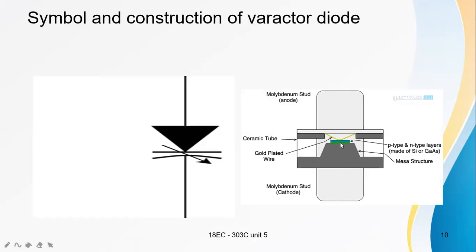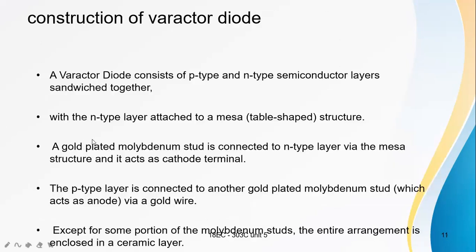The p-type layer is connected to another gold-plated molybdenum stud, which acts as the anode.